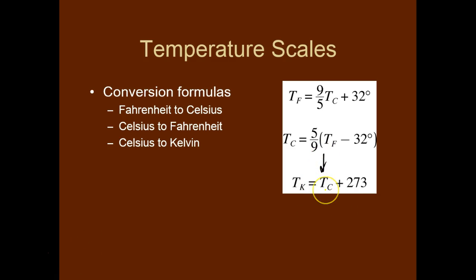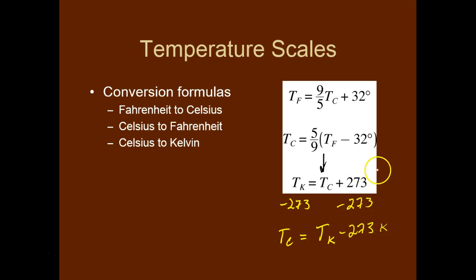If you want to solve for degrees Celsius, isolate degrees Celsius. Subtract 273 from both sides. So here's the formula you get then. Temperature Celsius is equal to temperature Kelvin minus 273. See, that's the one I would not put a unit on. I would say K here, okay?